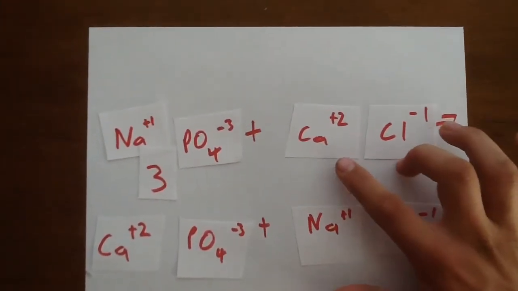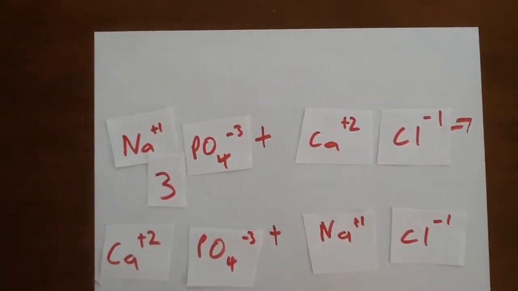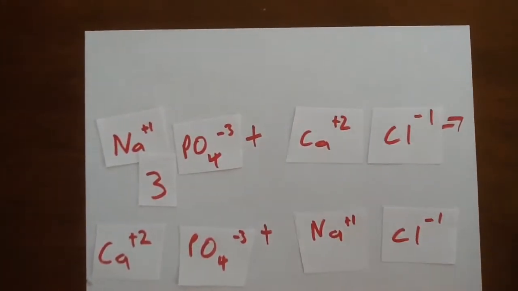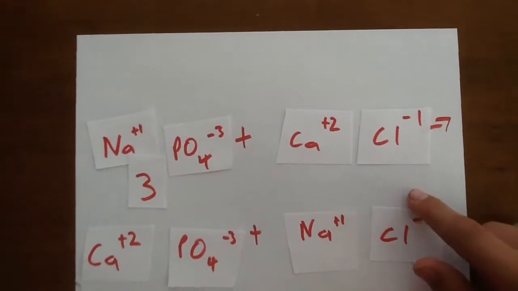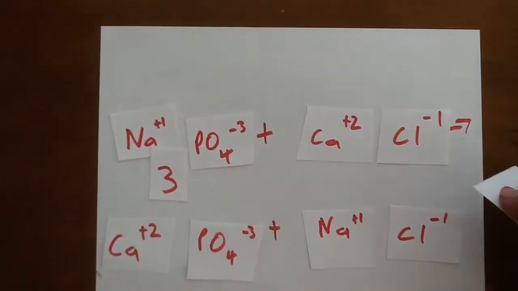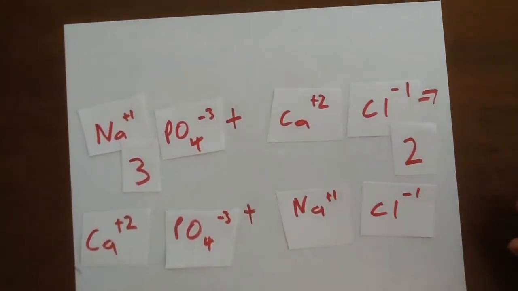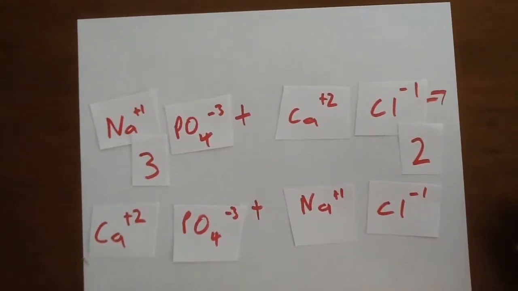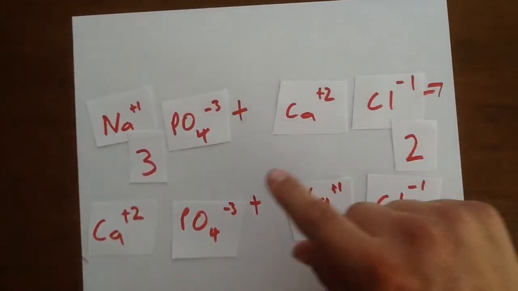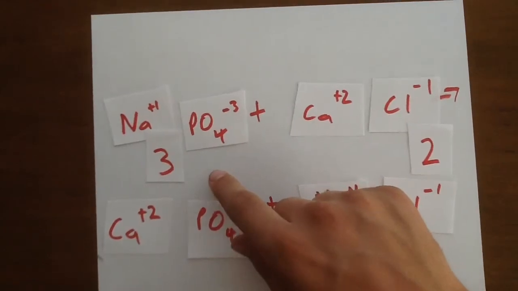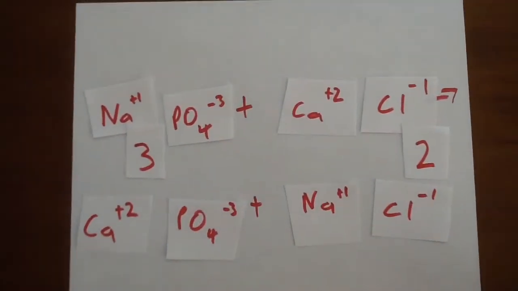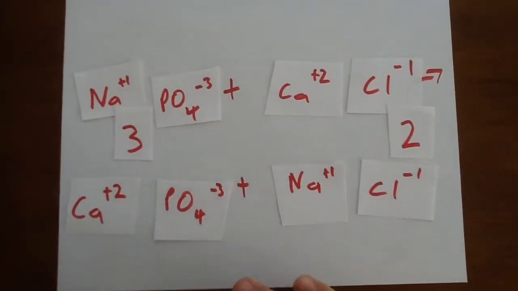And the same thing goes for over here. You need to give it a subscript of the other one because it's a charge of -1. So it would equal CaCl2 and Na3PO4.